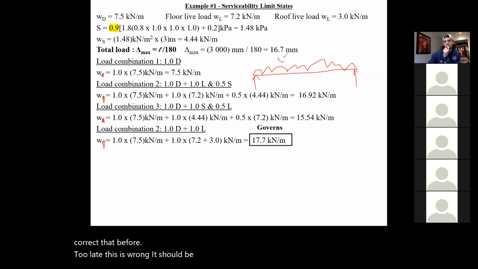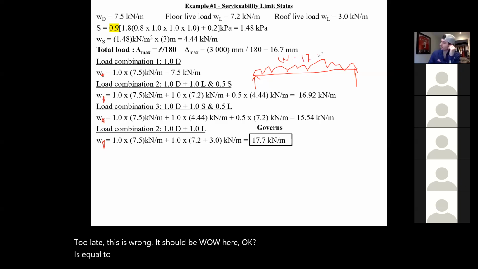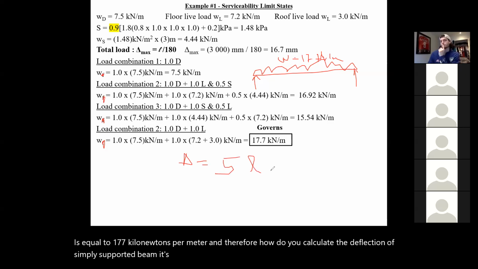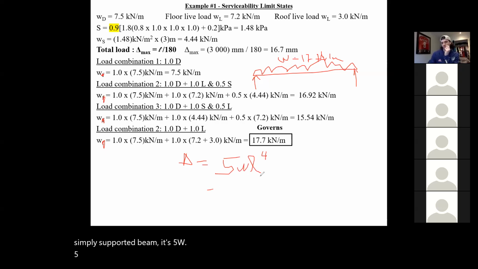So W here, okay, is equal to 17.7 kilonewtons per meter. And therefore, how do you calculate the deflection of a simply supported beam? It's 5WL to the 4th over 384 EI, okay?